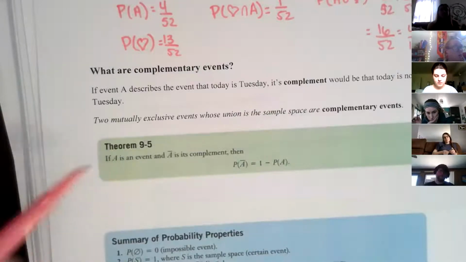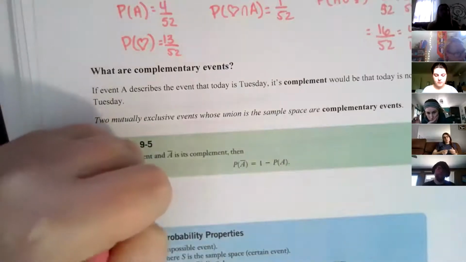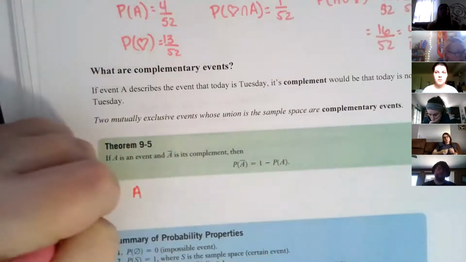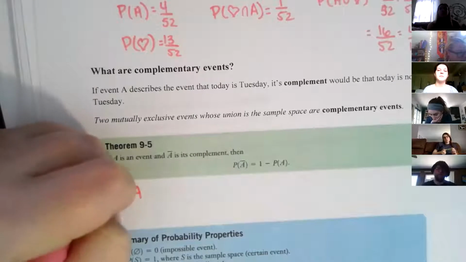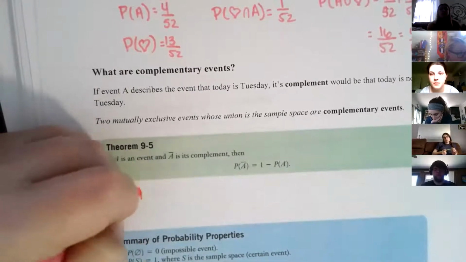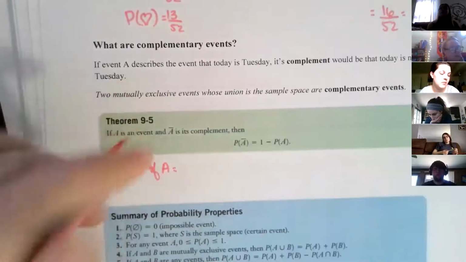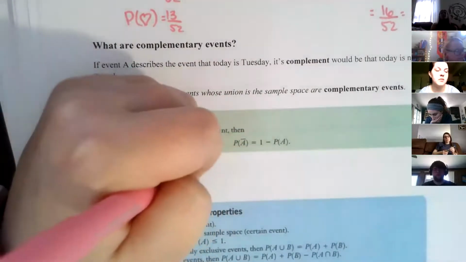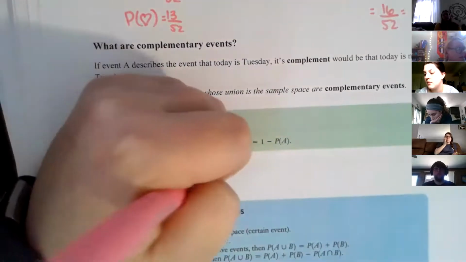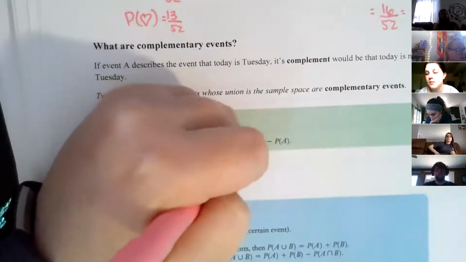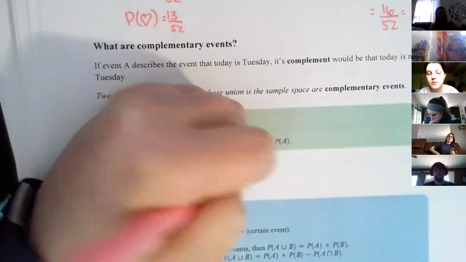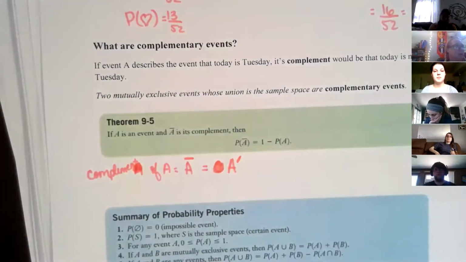You could also see it written as the complement of A can be written as A bar, or you can translate it to A with the little apostrophe at the top.